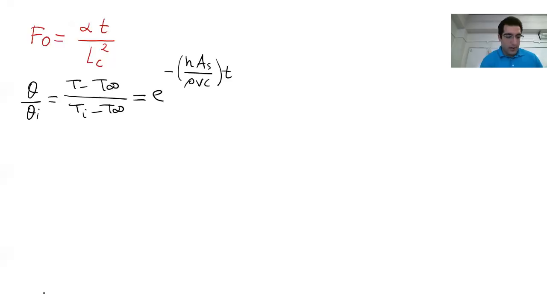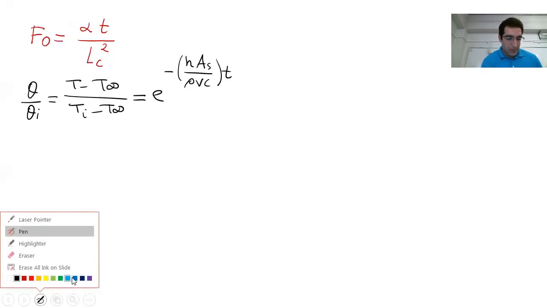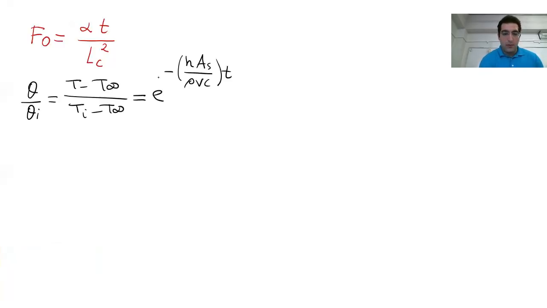Now what I'm going to do right now is work with this one a little bit. Say we have h As t over rho V Cp. By the way, this is Cp.